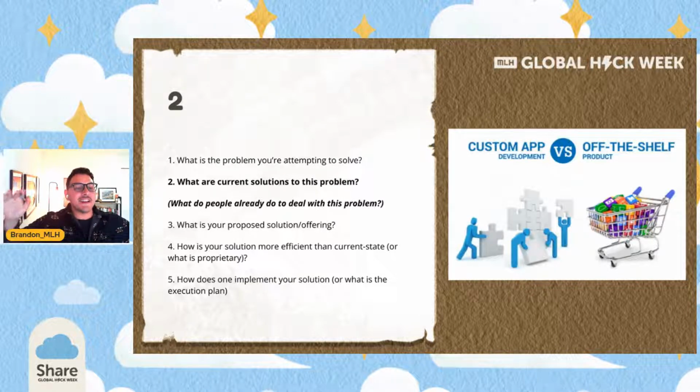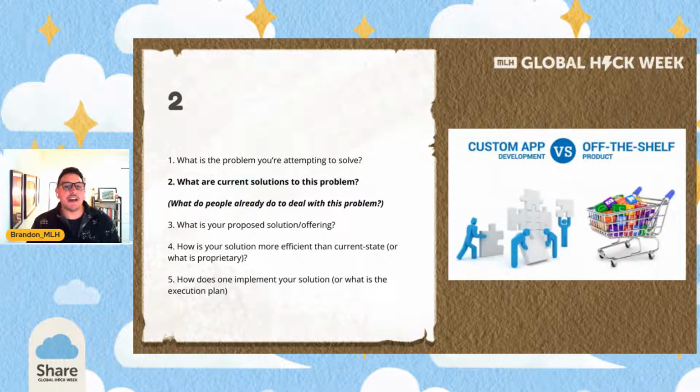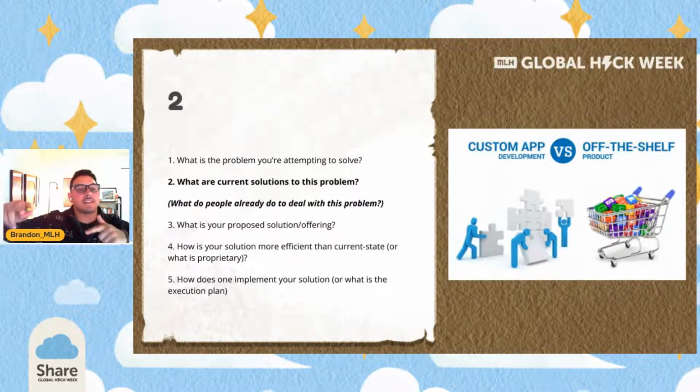Because the easiest solution is always to just do nothing, keep something as the status quo, and use a solution that's already out there for you. So this is a great opportunity to collect the data and then map out the variables that I was trying to solve in number three and four.